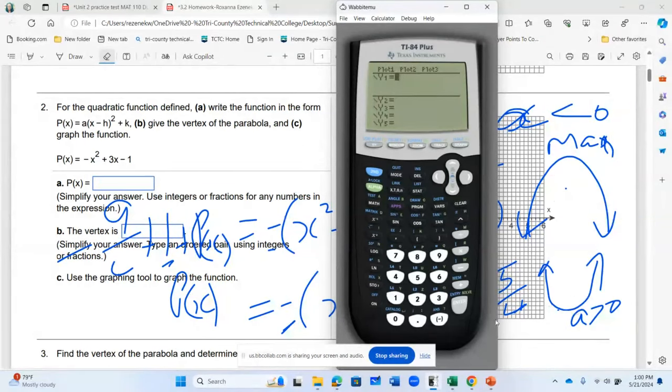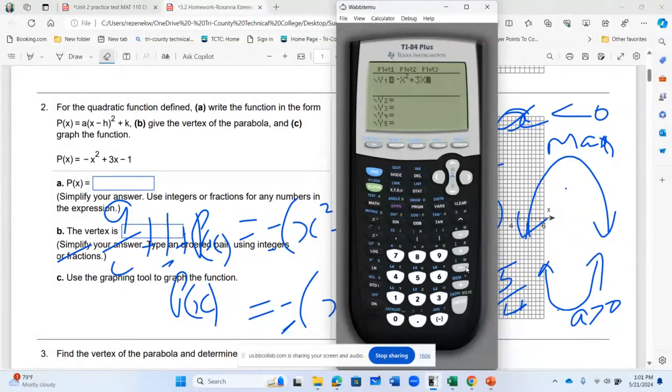So I'm going to put the equation in y1: negative x squared plus 3x.